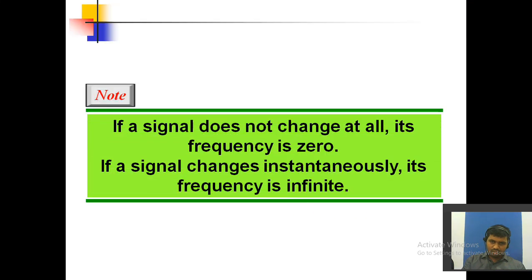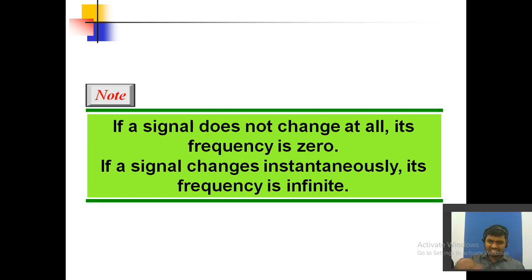Here is another note. If a signal does not change at all, its frequency is 0. All of you know about this rule. If there is no change in the signal for a long time, the frequency is 0.